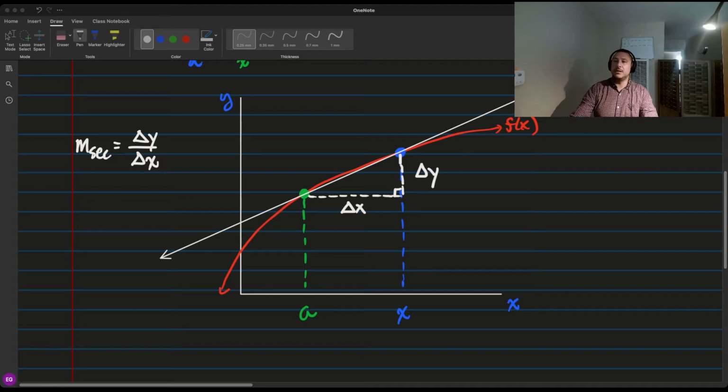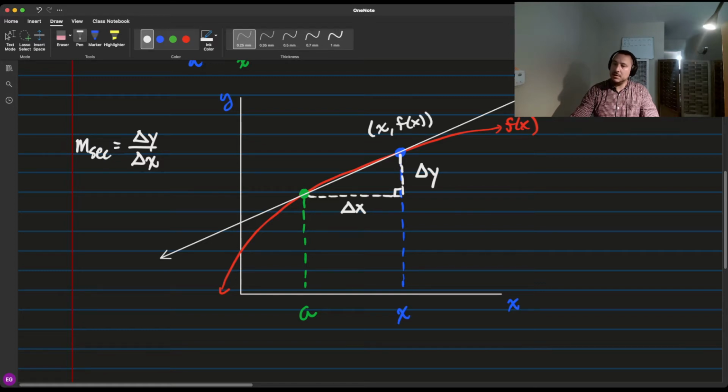Now, let's draw in the x and y values for these points. Remember, this is x comma f of x. This one is a comma f of a. Okay, so the distance between a and x is delta x. We can actually rewrite x as a plus delta x.